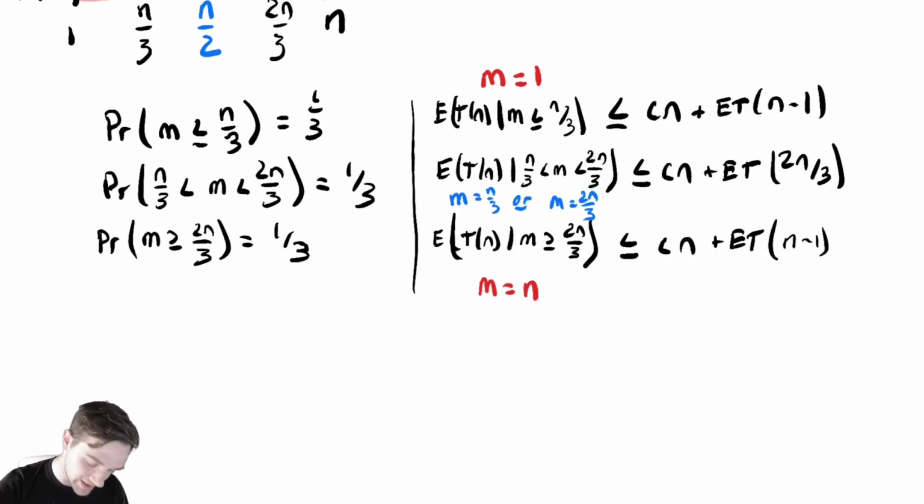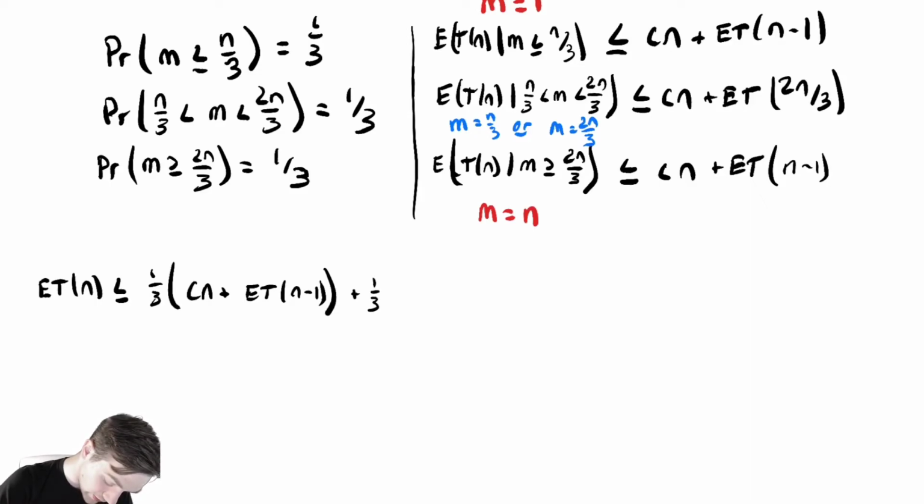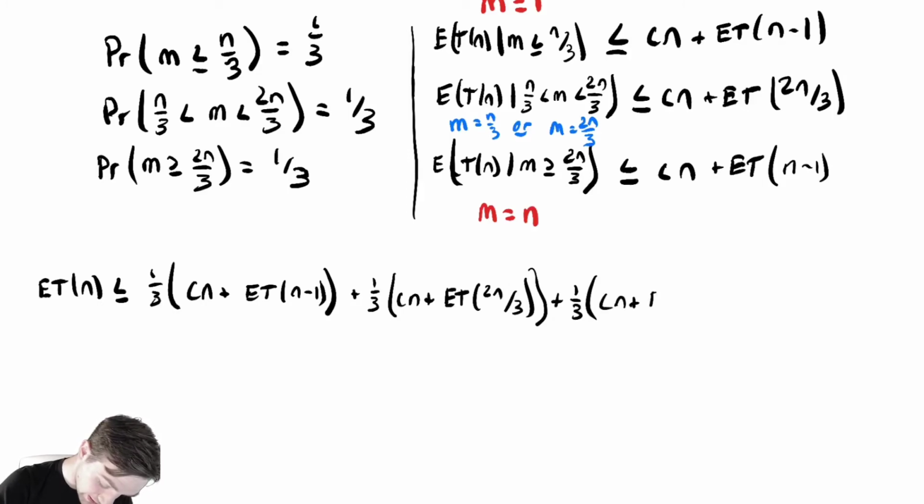Let's bring all of this together. We have the expected time is less than or equal to 1/3 times Cn plus Et of n minus 1, plus 1/3 of Cn plus Et of 2n over 3, plus 1/3 of Cn plus Et of n minus 1.